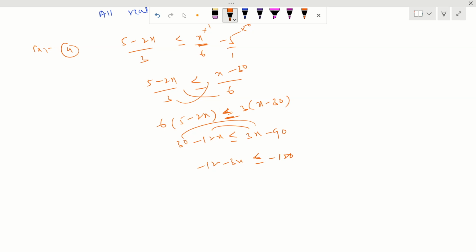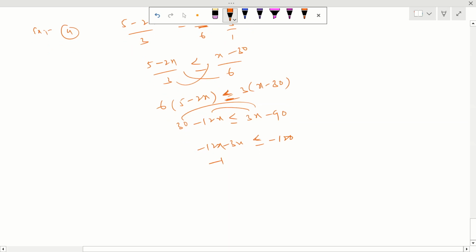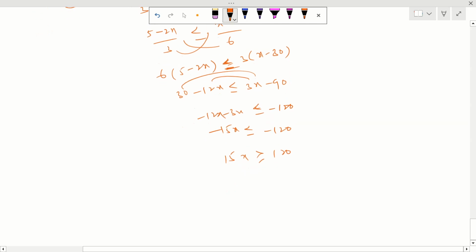Then we have minus 15x less than or equal to minus 120, right? So the negative signs get cancelled. When we convert the negative to a positive, the symbol flips and it becomes greater than or equal to.